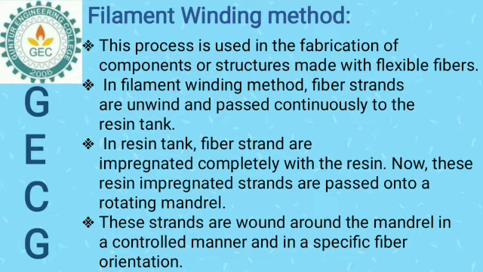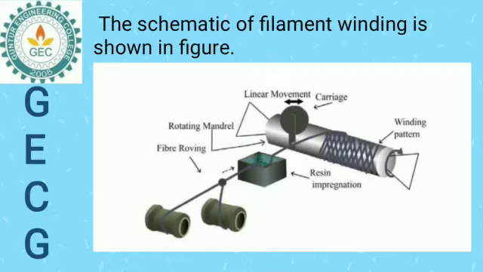In the resin tank, fiber strands are impregnated completely with the resin. Now, these resin-impregnated strands are passed onto a rotating mandrel. These strands are wound around the mandrel in a controlled manner and in a specific fiber orientation. This is the overall schematic diagram of the filament winding method.